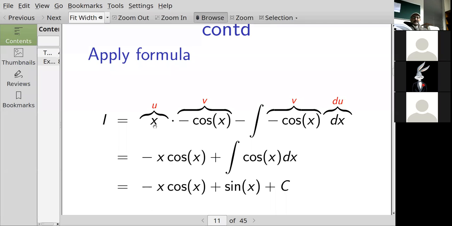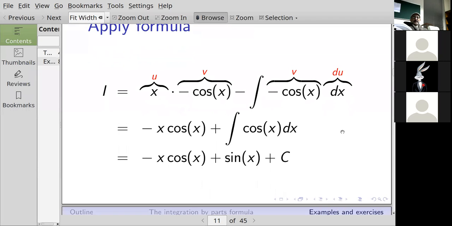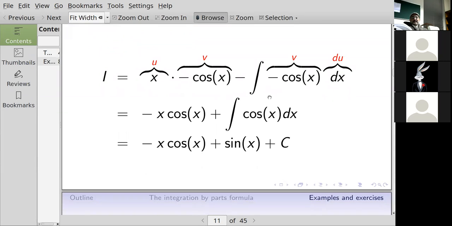Let's fill in the pieces. u was x, v was minus cos of x, minus integral, v was minus cos of x, du was dx. So we do a bit of simplification. We get the double minus signs to cancel each other out.